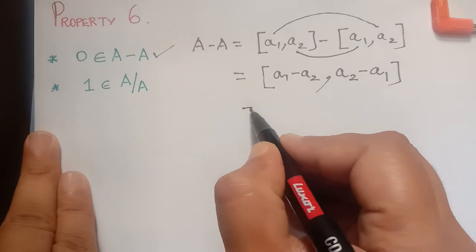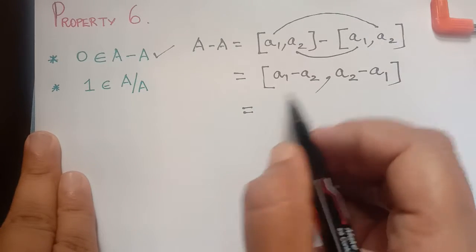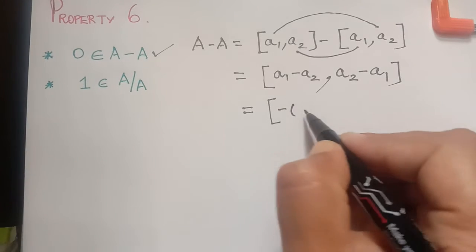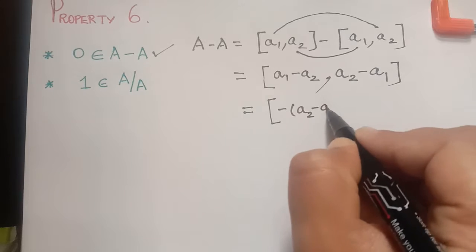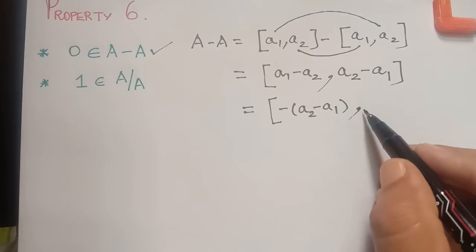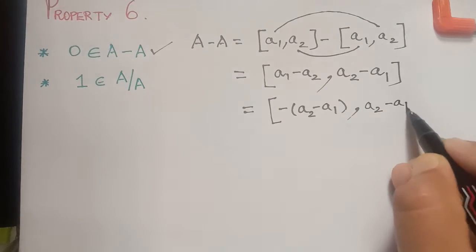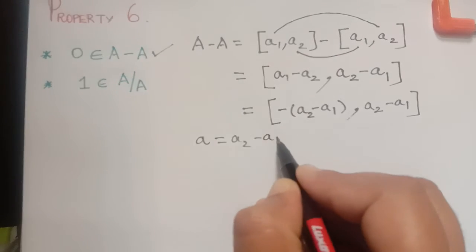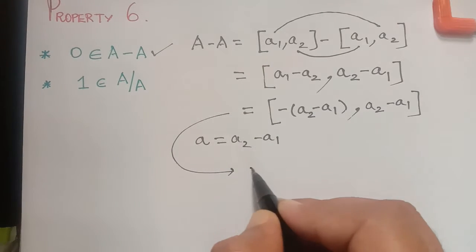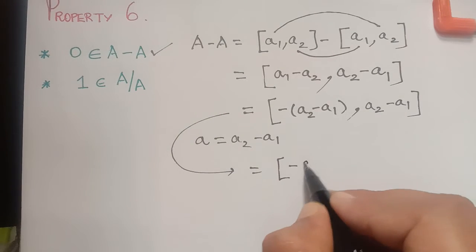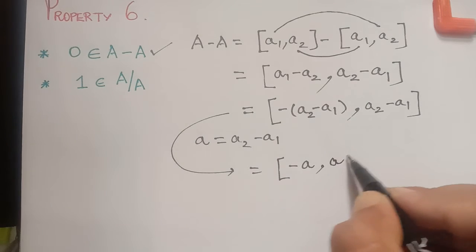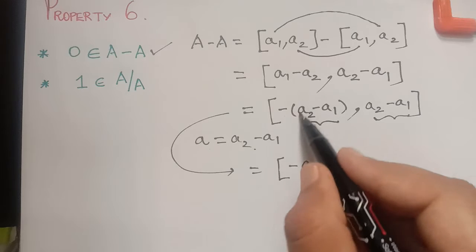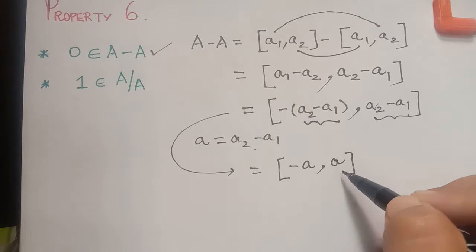Now this can be further written by taking the negative sign outside, so this will be [negative (a2 minus a1), a2 minus a1]. Now suppose we take a to be a2 minus a1. We get the closed interval [negative a, a], because we have taken a2 minus a1 to be a.